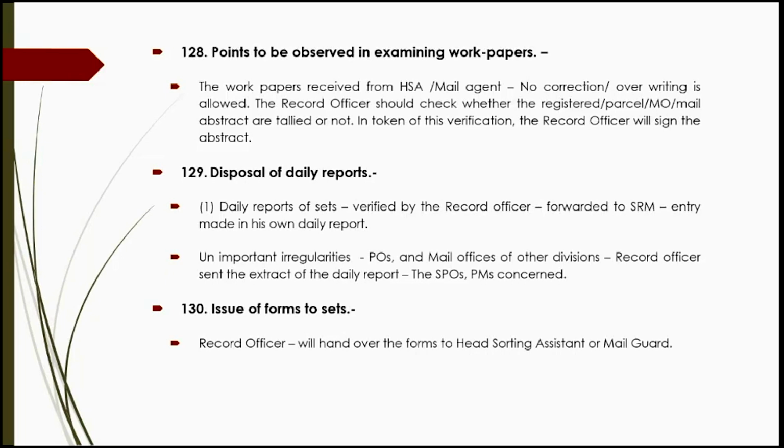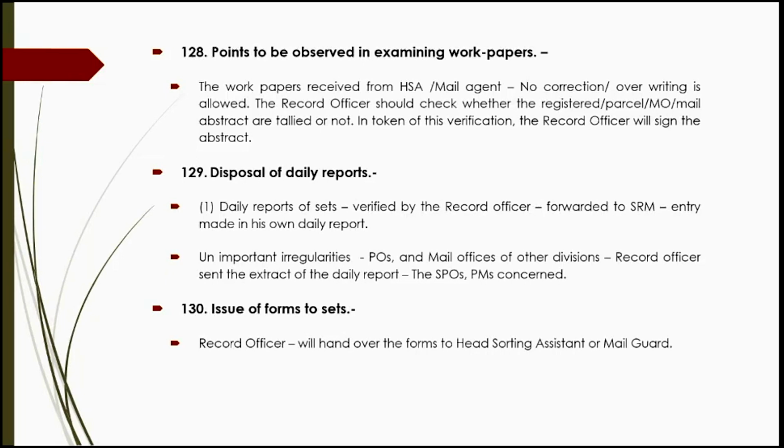After receipt of the daily report, the record officer is going to verify it, and then he has his own daily report. If required, he has to make entries in his daily report and then forward the daily report received from the HSA to the sorting assistant. We are talking about the daily report of a record officer.